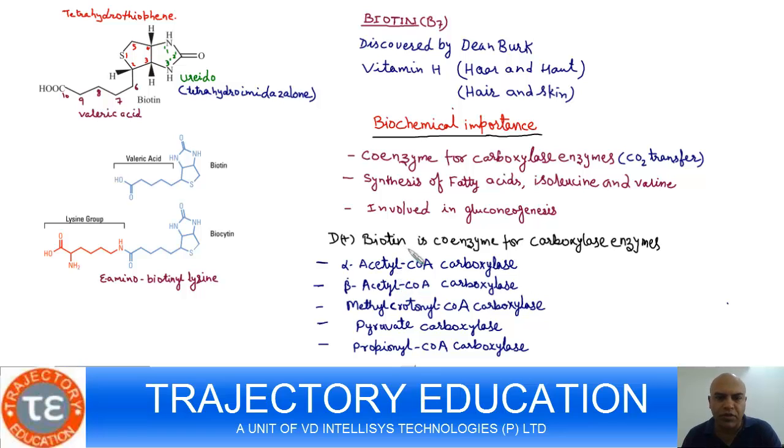So these enzymes are responsible for synthesis of the fatty acids and the catabolism of isoleucine and valine, and they are also involved in the important process of synthesis of glucose, that is gluconeogenesis.